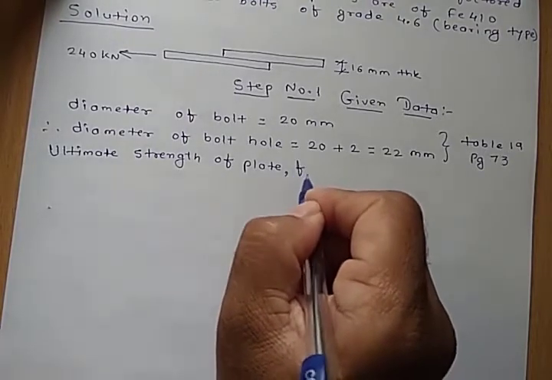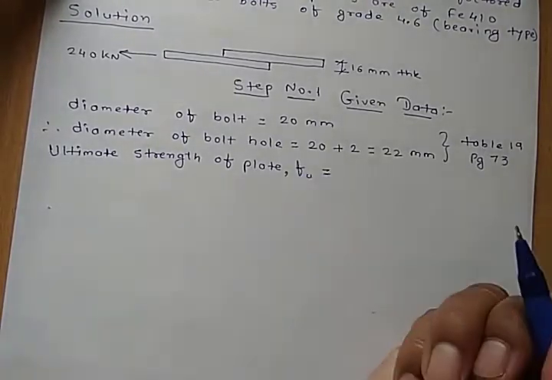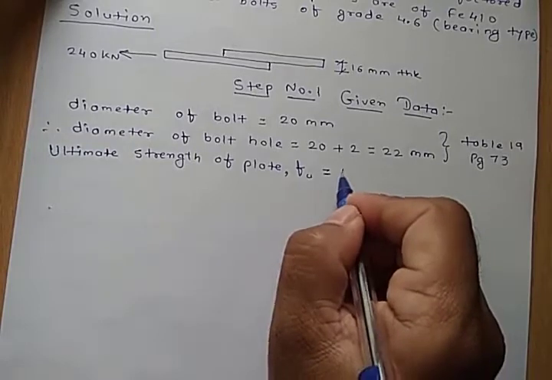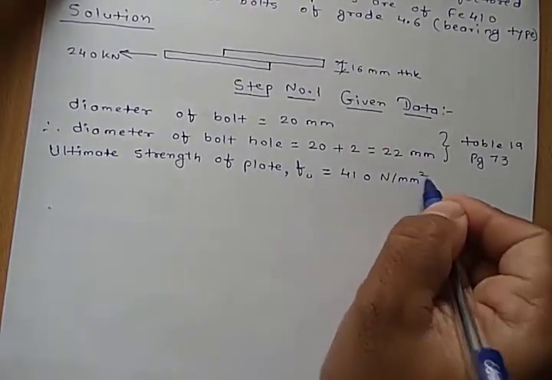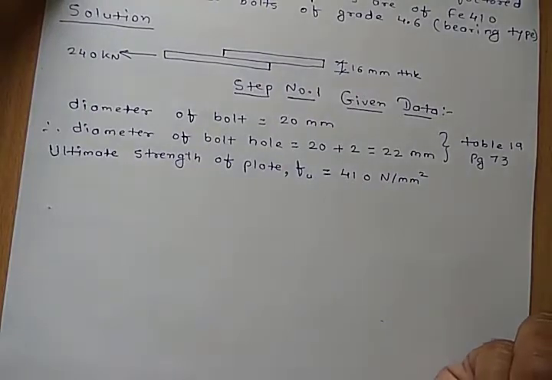Once we have the ultimate strength of the plate, we can go to the ultimate strength of the bolt, denoted by Fub.